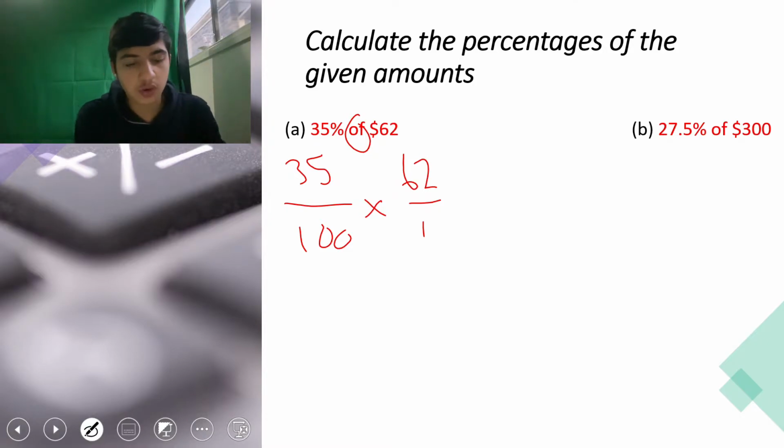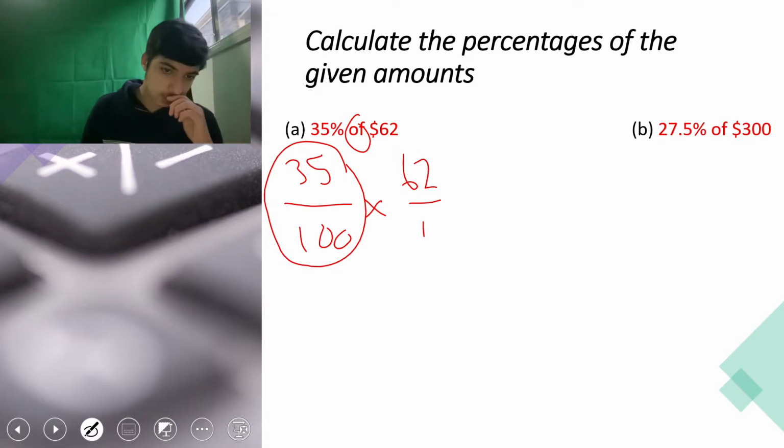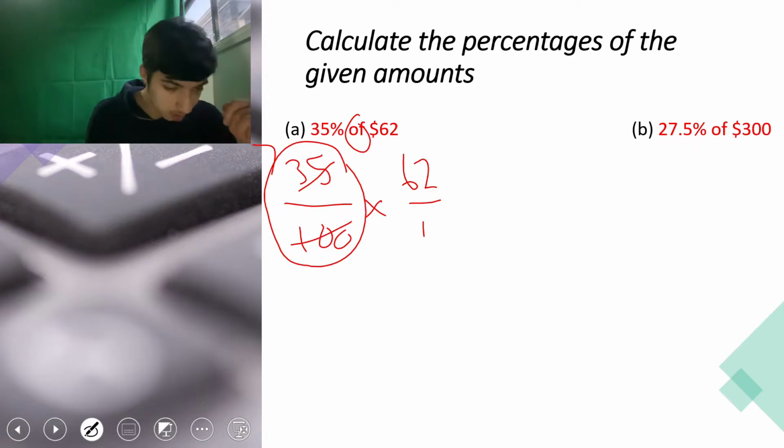Now we should simplify first, so that later when we divide it's not harder for us. First, let us do the first one. Is there any simplification? Yes. Both of them have 5, because they're divisible by 5. So this one would be 7 and this one would be 20.